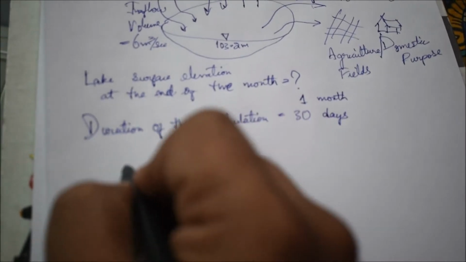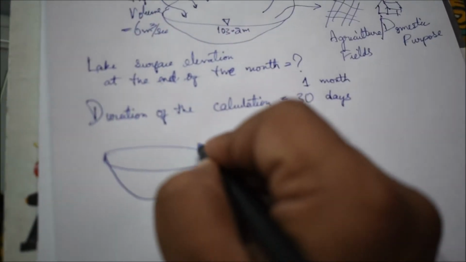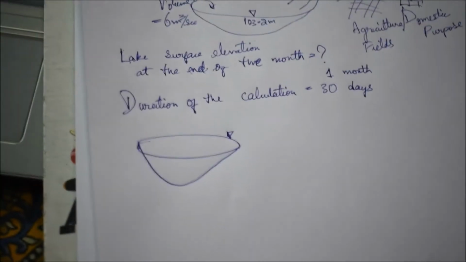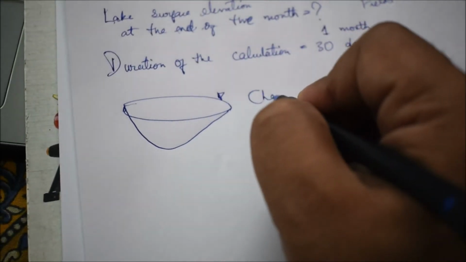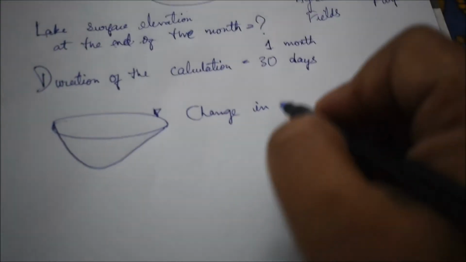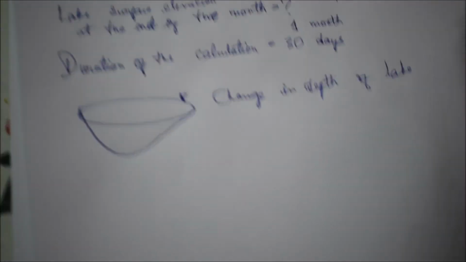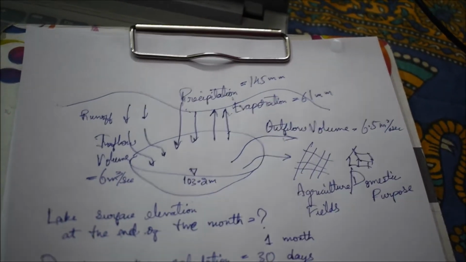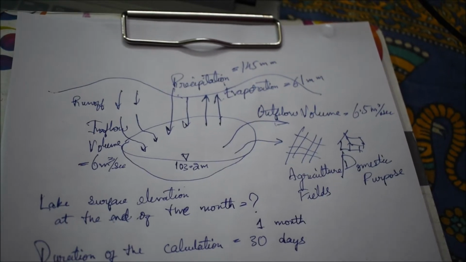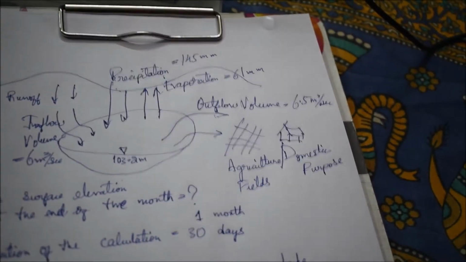So actually we are going to calculate the change in water surface elevation, and the change in water surface elevation is nothing but change in depth of lake. Correct, no? But if you just observe, whatever the data is given in terms of inflow volume is in meter cube per second with respect to inflow as well as outflow.